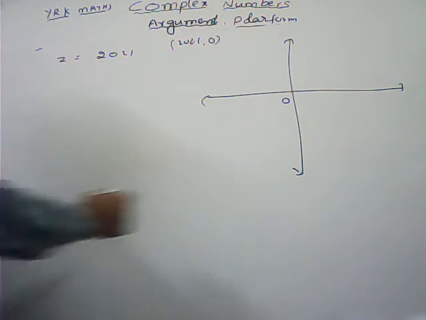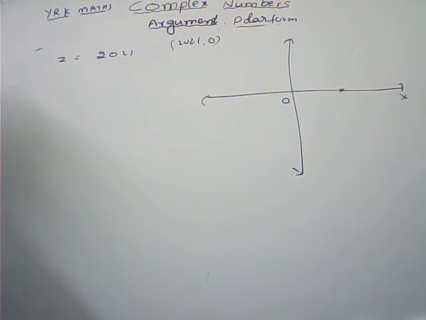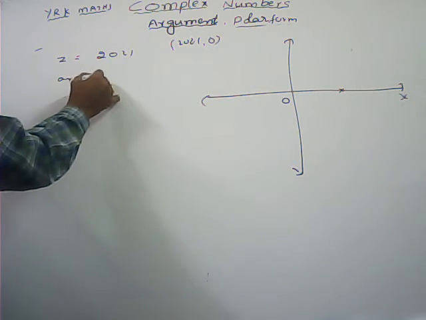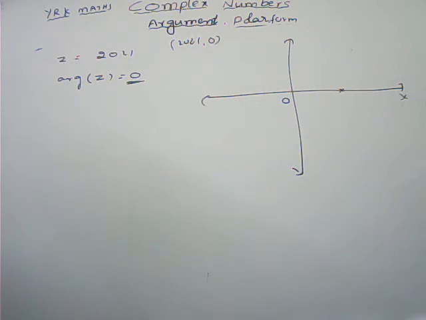That point lies on the positive direction of the x-axis. If any point lies on the positive direction of the x-axis, its argument of z is equal to 0. That terminal side coincides with the initial side. Here the x-axis, OX, we are taking as the initial axis.